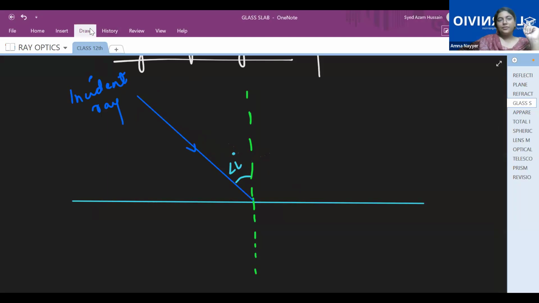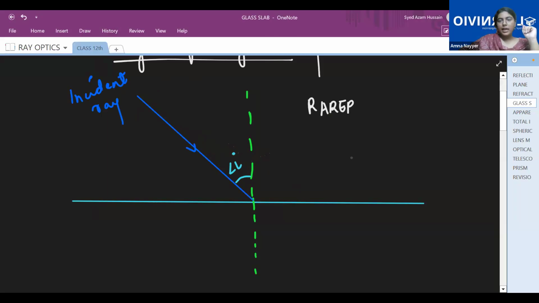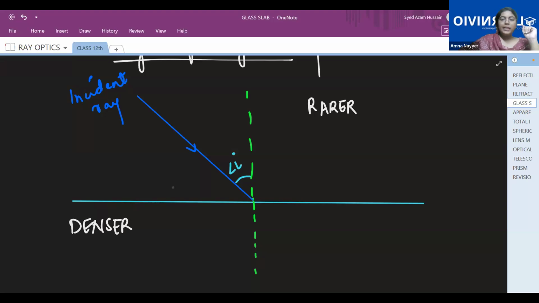Now see, let's say this is our rarer medium and this one is our denser medium. Now two different media are present, right? This is a rarer material, this is a denser material.